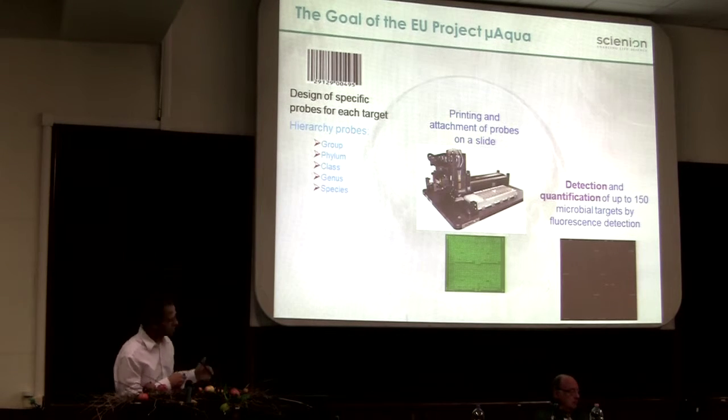The idea was to design specific probes that allow the identification of the microorganisms, and then to use a microarray technology. That means the idea was to use a classical slide format to do the printing of these arrays, and then finally by obtaining such images you can identify certain species, and also allow, at least to a certain degree, a quantification of the microorganisms.